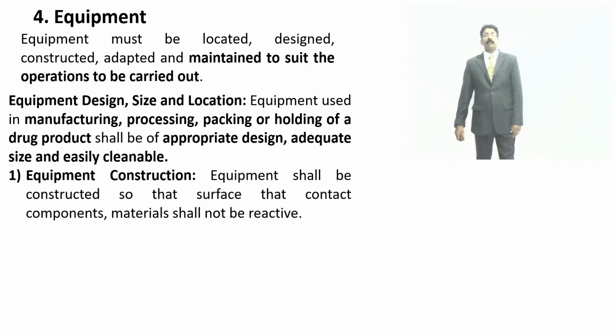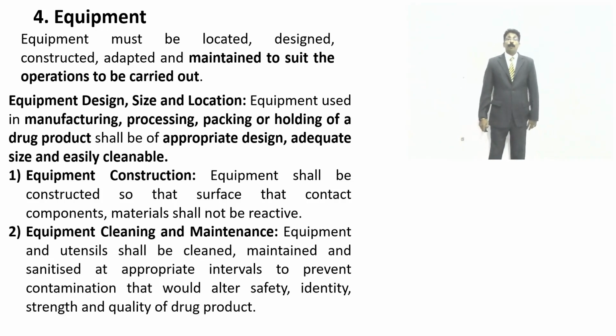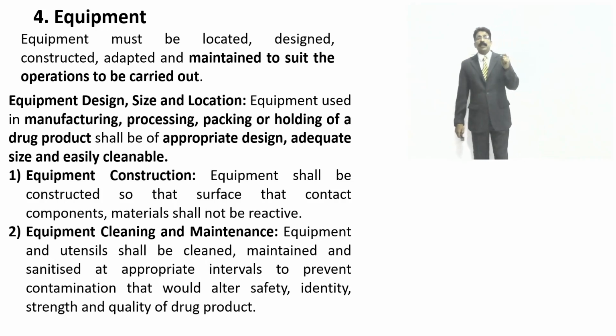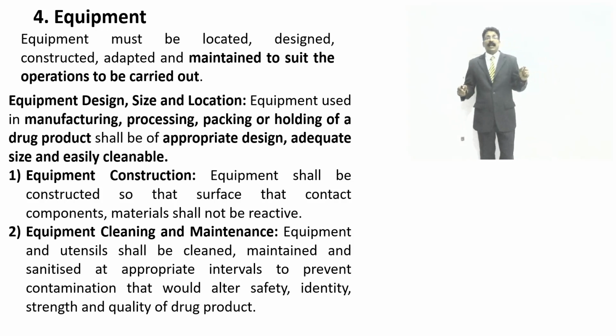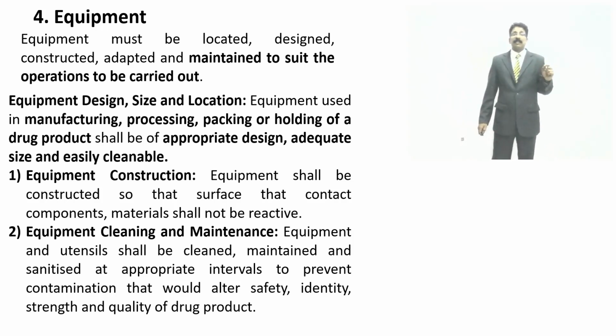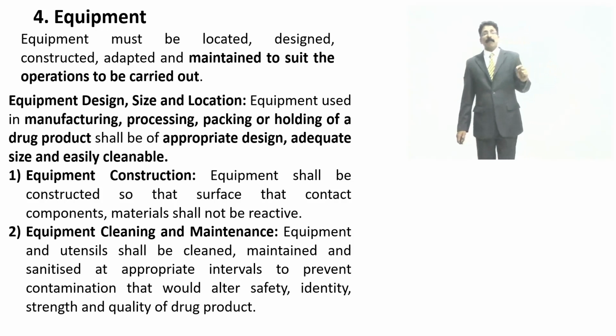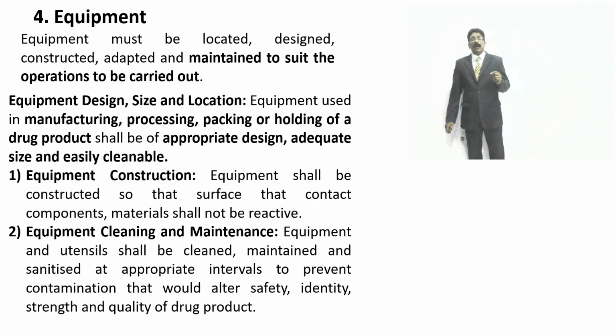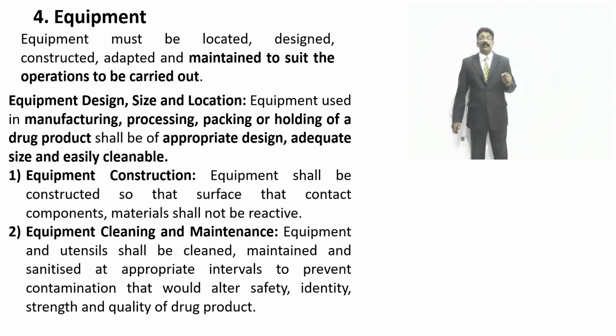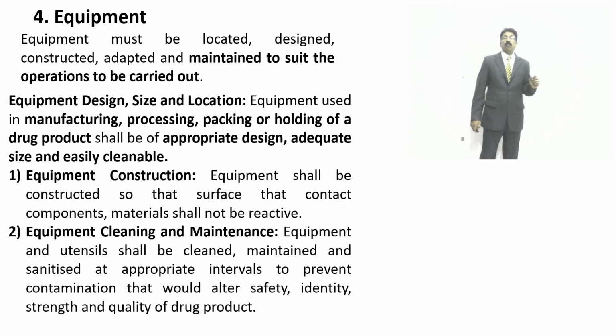And equipment cleaning and maintenance: equipment and utensils shall be cleaned, maintained and sanitized at appropriate intervals to prevent contamination that could affect the safety, identity, strength and quality of the drug product.